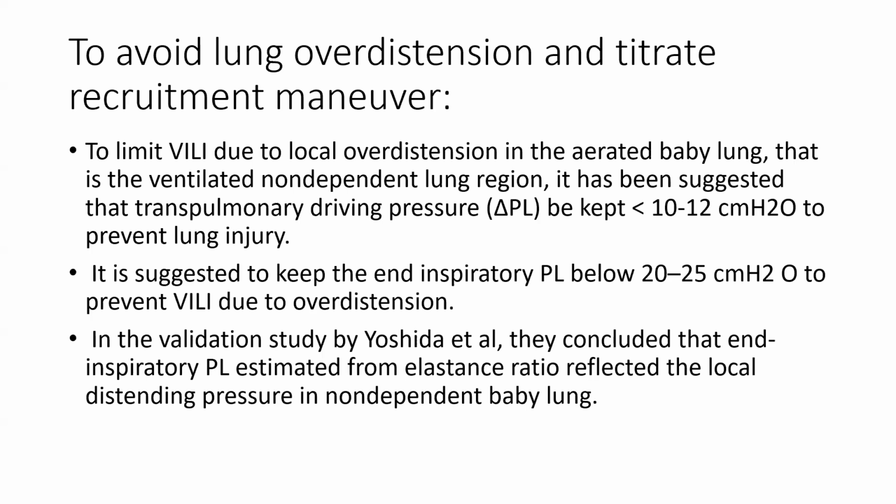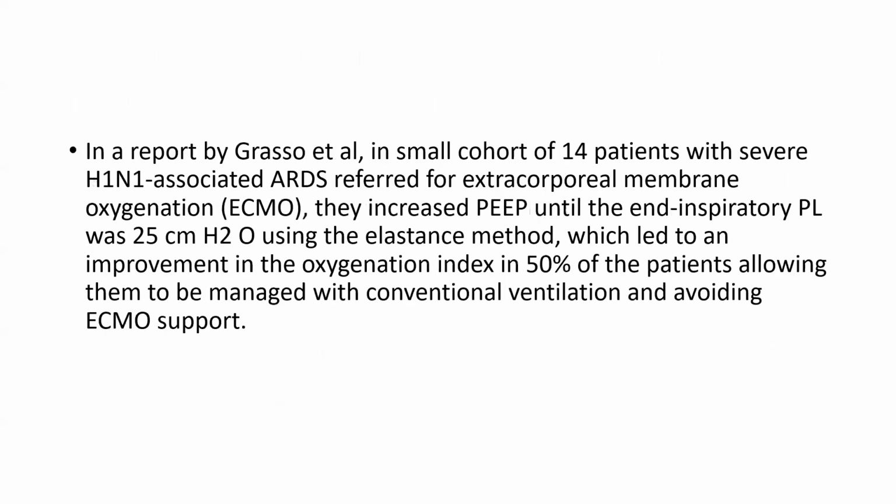And it is suggested to keep end inspiratory transpulmonary pressure below 20 to 25 to prevent ventilator-induced lung injury due to overdistension. In the validation study by Yoshida, they concluded that end inspiratory transpulmonary pressure estimated from the elastance ratio reflected local distending pressure in the non-dependent baby lung.